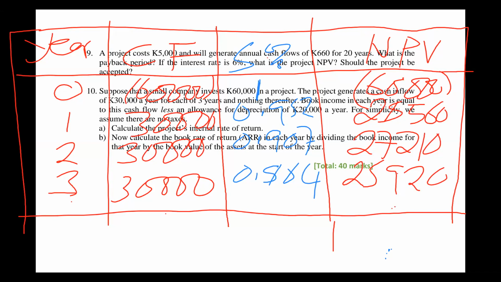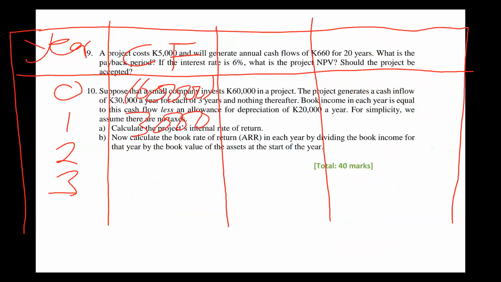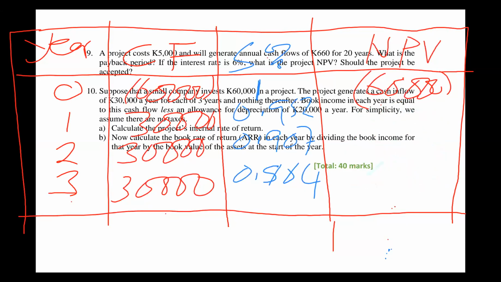So if you wanted to reduce the NPV, you should have increased the discounting rate. Is that clear? Yes, sir. They move in opposite directions.